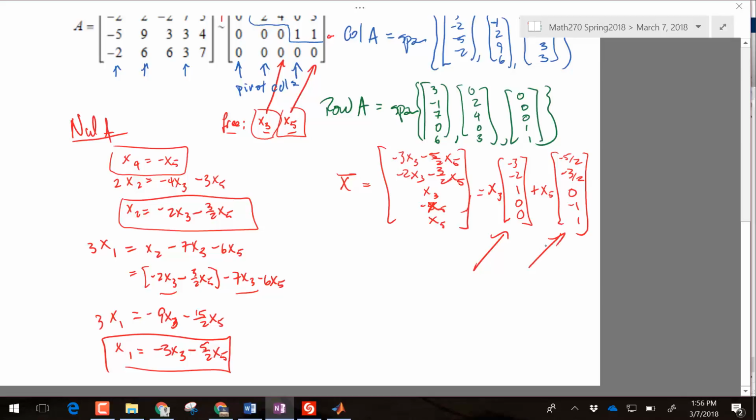In any case, these two vectors will span your null space. So your null A is equal to the span of (-3, -2, 1, 0, 0). And if you wish, multiply everything by 2: (-5, -3, 0, -2, 2).